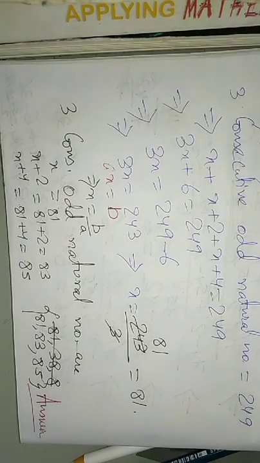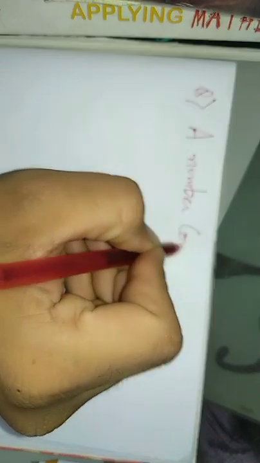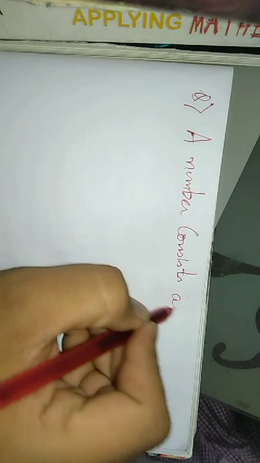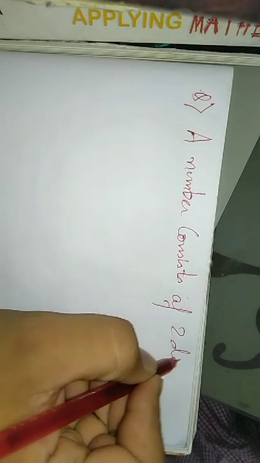Okay. Students, this is a very important kind of question. Your question says that a number consists of 2 digits, like 86, 36, 11, 13, 14.